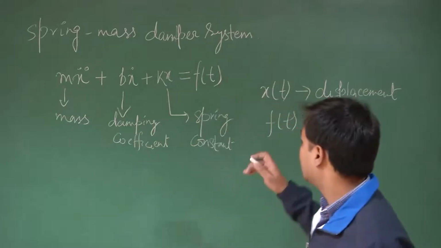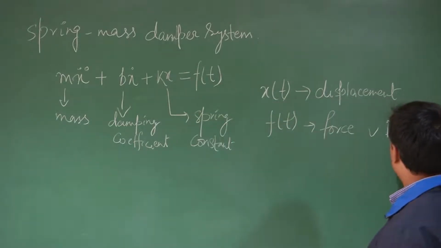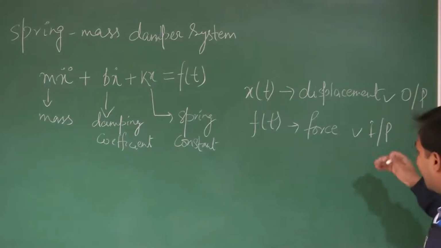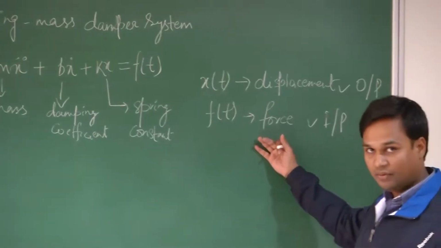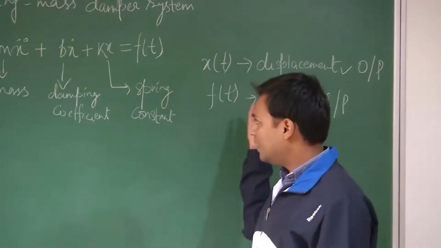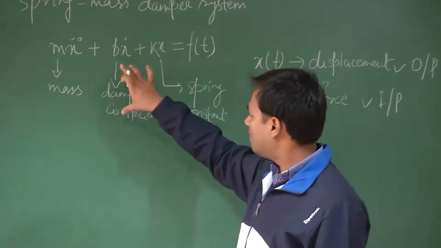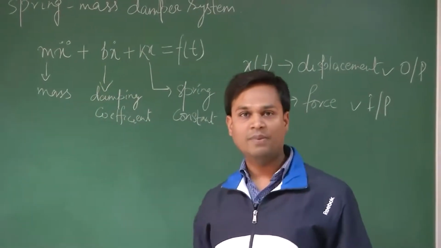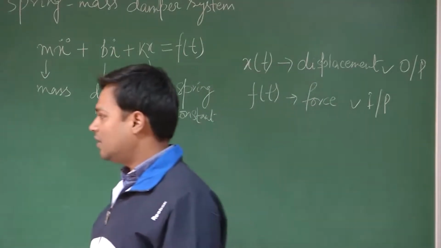Here you can say, suppose now f(t) is the input and the displacement is observed output. So with the help of input and output, means data for the applied force and displacement, if you can identify mass, b and k, then it can be a problem of parameter identification or parameter estimation. So this was a simple example.